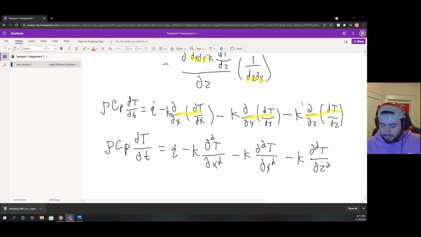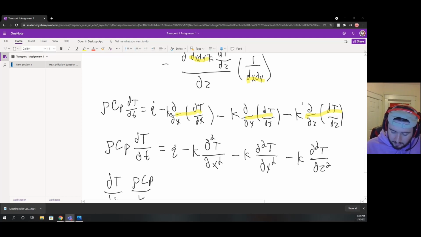So now we can divide each of our terms by k, and we can get this. So we'll have our dT, change in temperature over change in time, times our density times our heat capacity over our thermal conductivity.